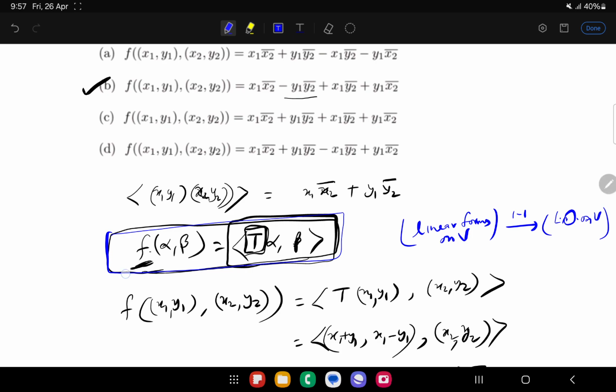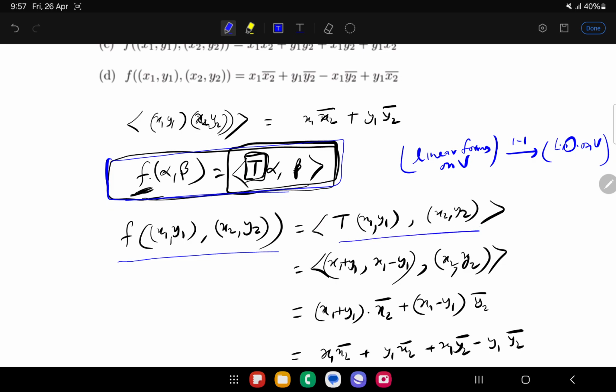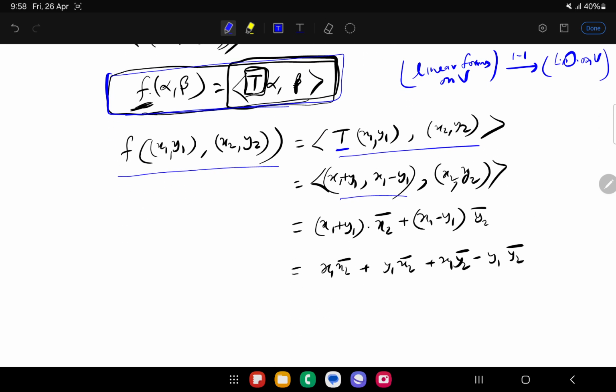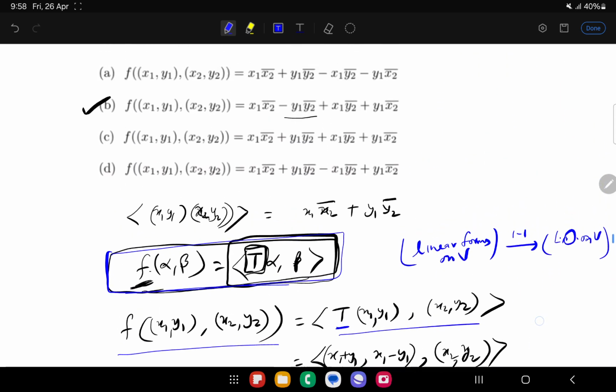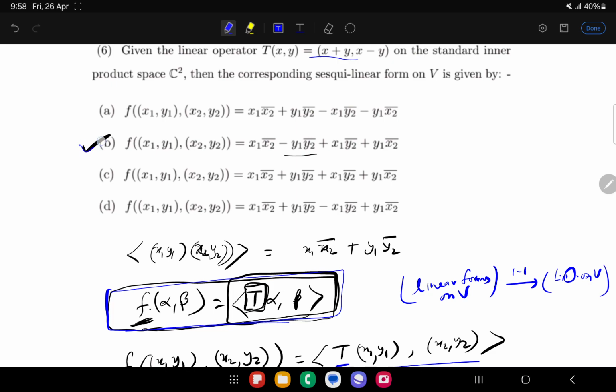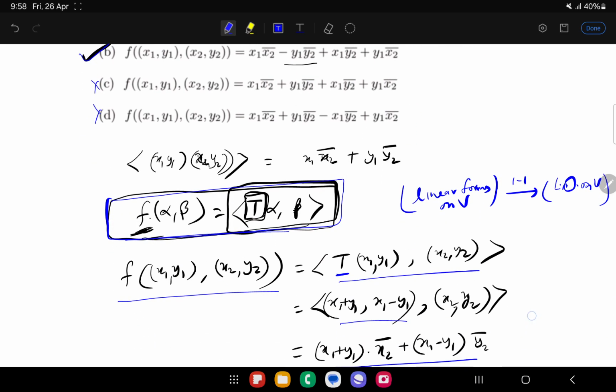Now if you remember this, now calculate f(x, y) like this. In the first coordinate T will apply, then inner product with second vector. This is how it is calculated. Now it was checked that option B is correct. Okay, look carefully.